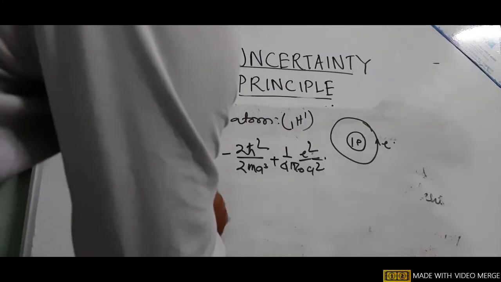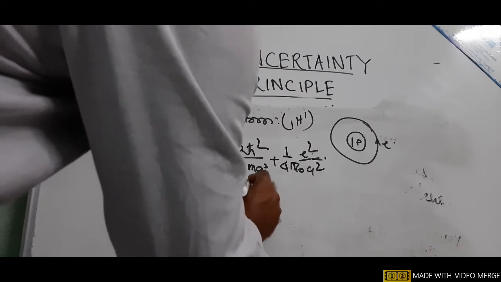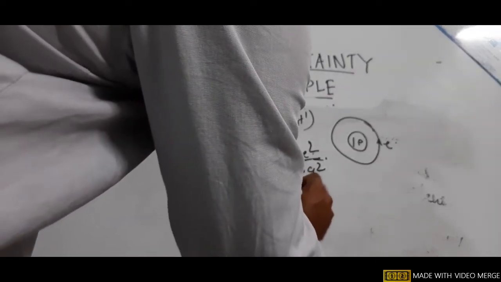For a stable atom, the first derivative dE by dA equals 0.